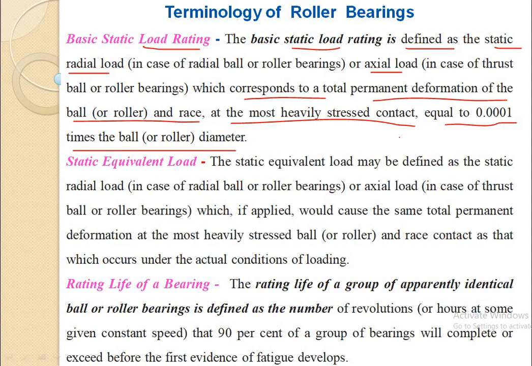If due to this there is a permanent deformation, how much permanent deformation? 0.001 times the ball diameter. That load is known as the basic static load.